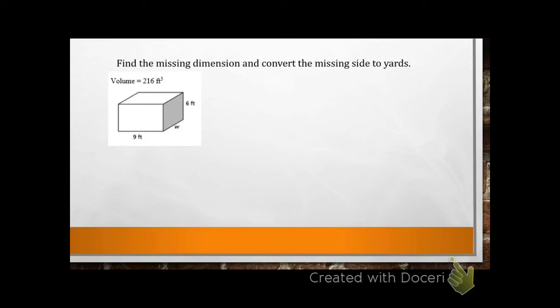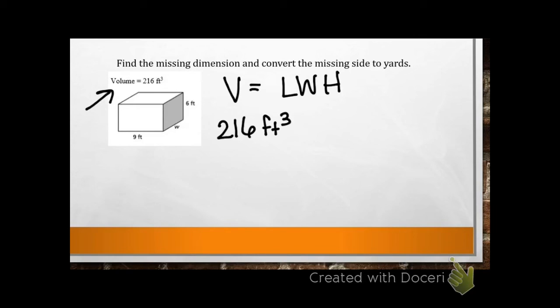All right, now anytime, and this is finding volume, and I knew that because it told me right here. Remember what our formula for volume is? V equals length times width times height. So let's go ahead and fill in what numbers I have. I know my volume is 216 feet cubed.